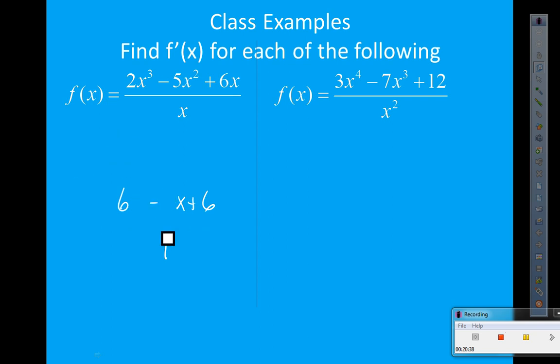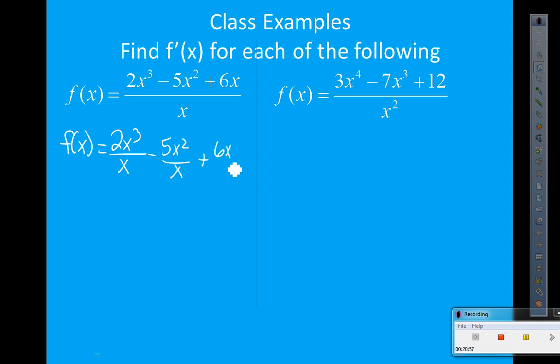Here's how we handle this. If there's a monomial in the denominator, we're going to reduce first. So I'm going to think of this as 2x cubed over x minus 5x squared over x plus 6x over x. I could do that if there's a monomial in the denominator.